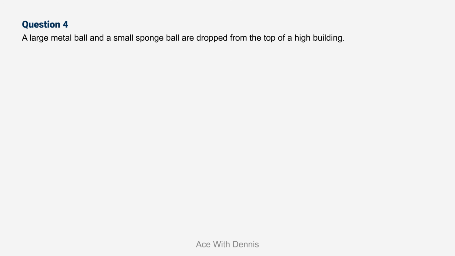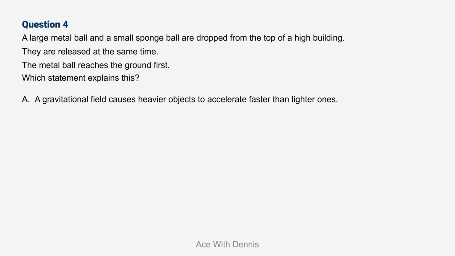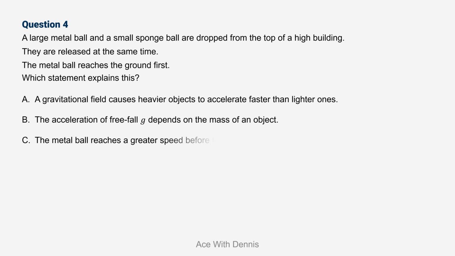Question 4. A large metal ball and a small sponge ball are dropped from the top of a high building. They are released at the same time. The metal ball reaches the ground first. Which statement explains this? A. A gravitational field causes heavier objects to accelerate faster than lighter ones. B. The acceleration of free fall g depends on the mass of an object.